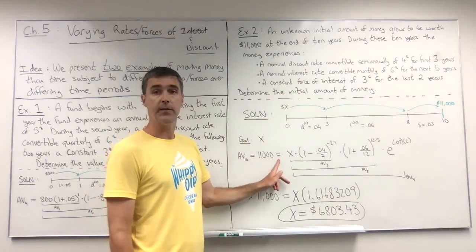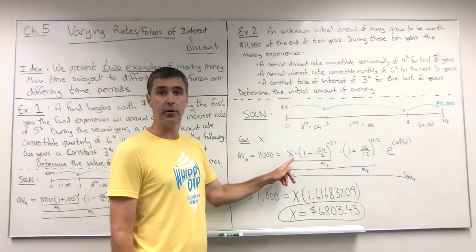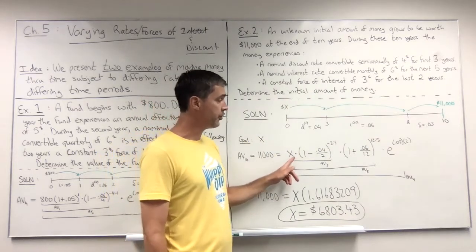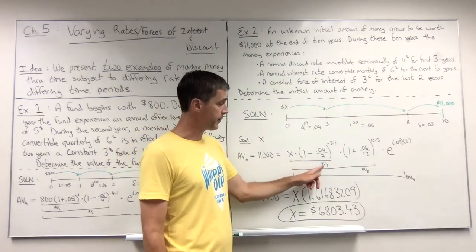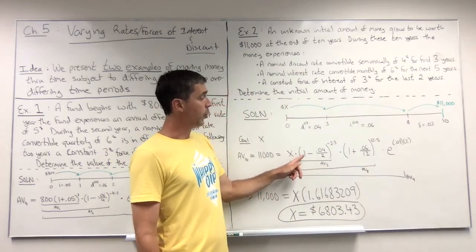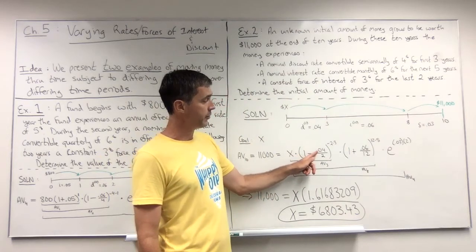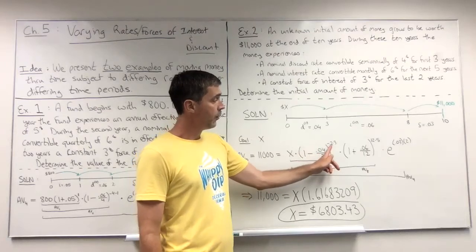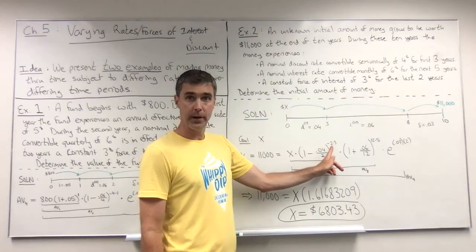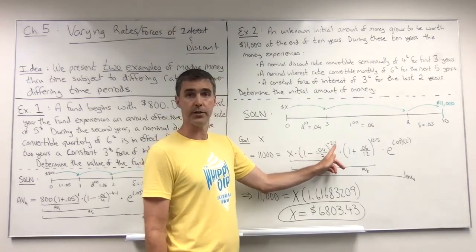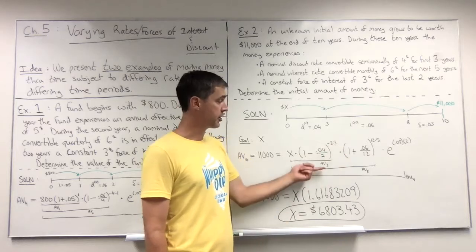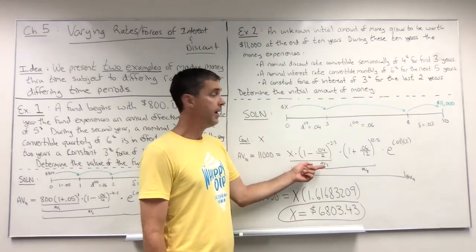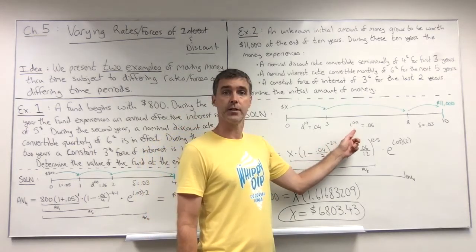And I'm going to achieve this $11,000 by starting with an unknown amount x. And I'll first accumulate it 3 years. So here's my AV3. So I'm going to do 1 minus my semi-annual discount rate, my nominal rate divided by 2, raised to the -2 periods in a year for 3 years. So -2 times 3. So that pushes me forward the first 3 years. Then monthly interest takes over.